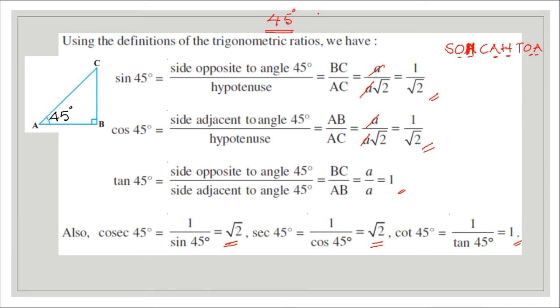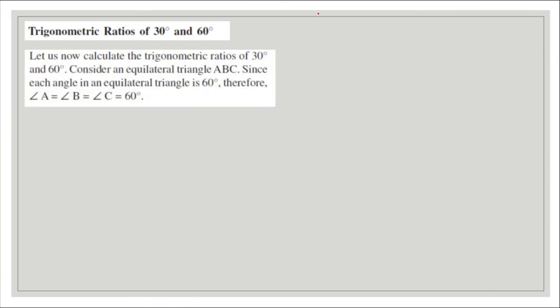Let me take another right angle triangle in which the angles are 30 degree and 60 degree. I'll consider the trigonometric ratios now of 30 degree and 60 degree. Let us calculate the trigonometric ratios of 30 degree and 60 degree. For that, let me consider an equilateral triangle.